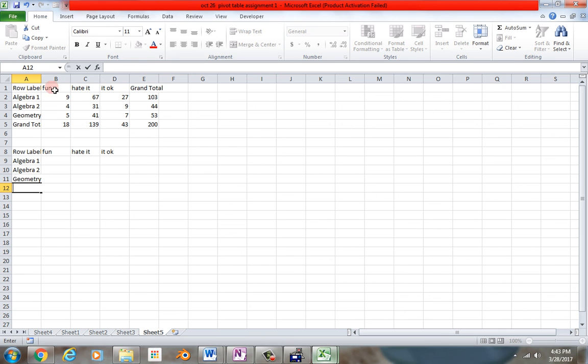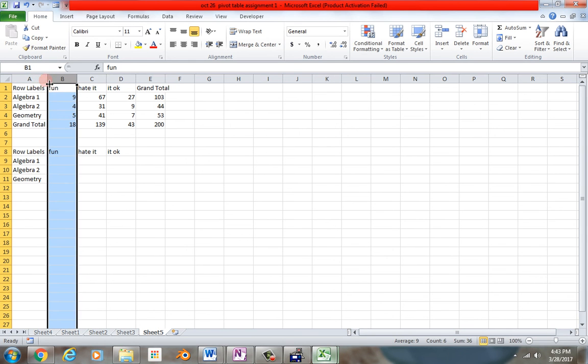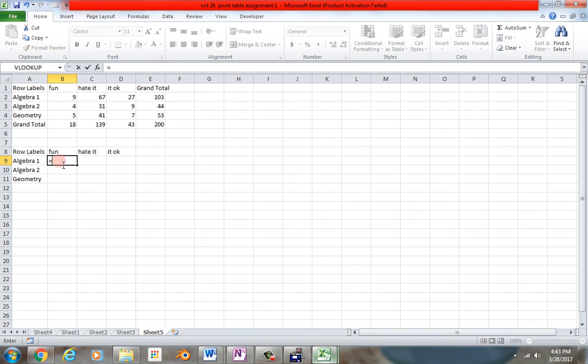Oh, that's fun. Okay. So to get our expected values, it's equals this one, F4 a couple of times, times this one, F4 three times, divided by this one, one time. If you don't lock those in when you drag them down and sideways, things are going to get nuts.